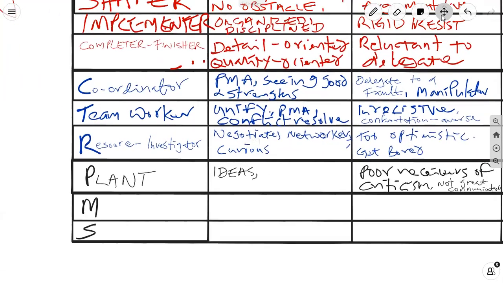That's the whole idea. Okay. So, like I said, ideas, and these are your innovators. Steve Jobs says, innovation distinguishes a leader from a follower. So that's a good trait.